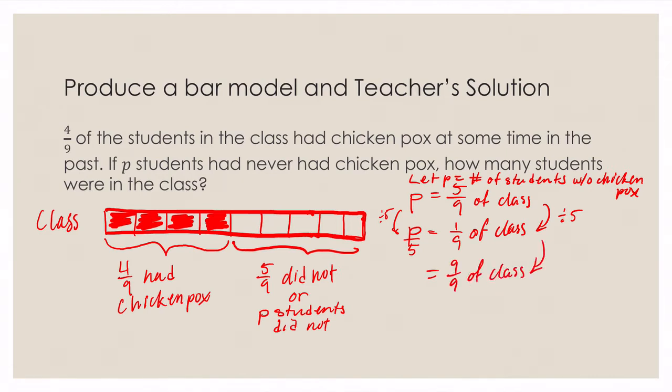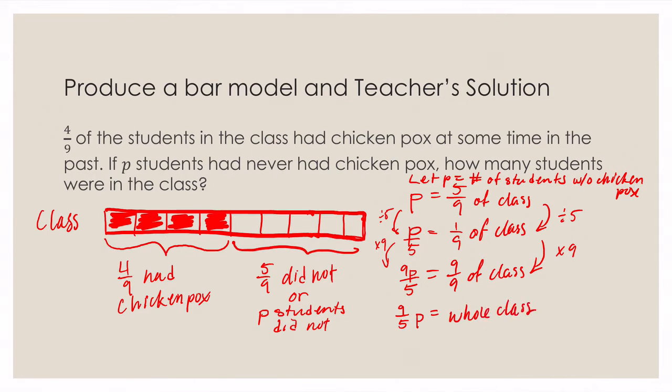So to get from 1/9 to 9/9, I multiply by 9. And so I'm going to multiply by 9 as well over here. So we have 9P over 5. Okay. So that's 9/9 of the class, or the whole class. So we'll do 9/5 P equals whole class.